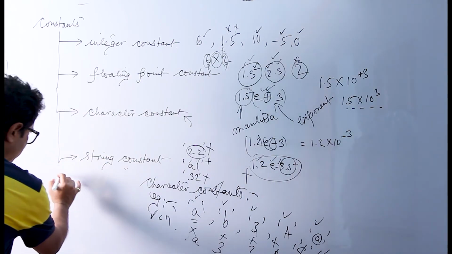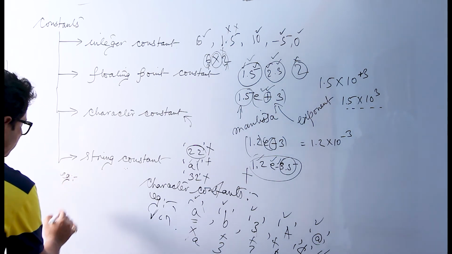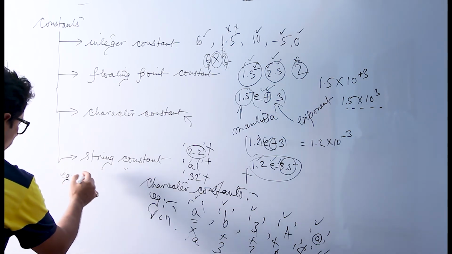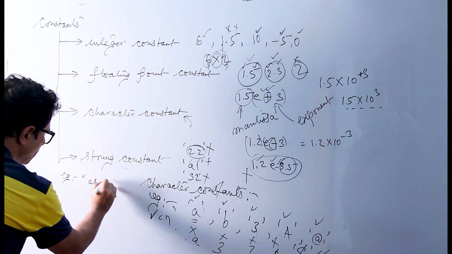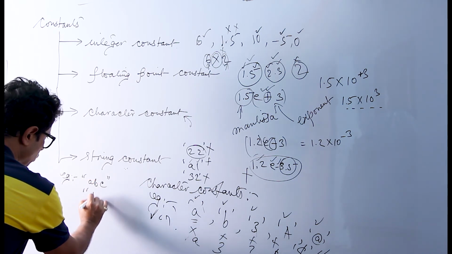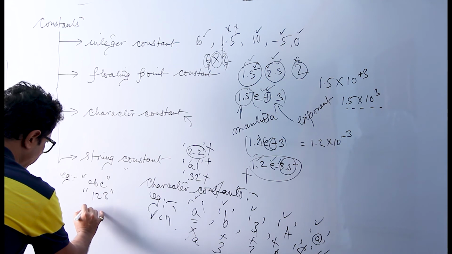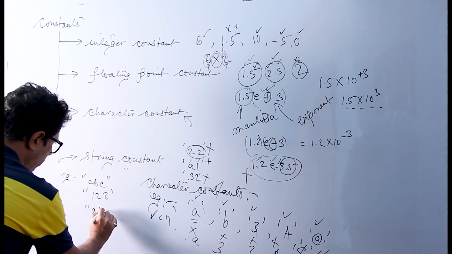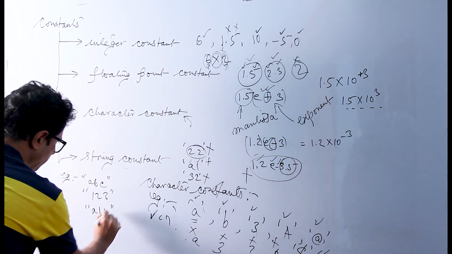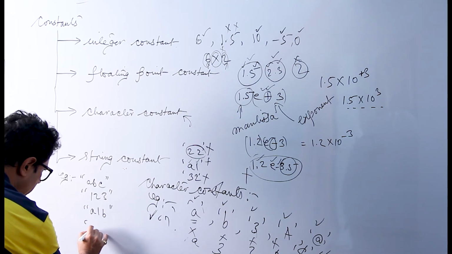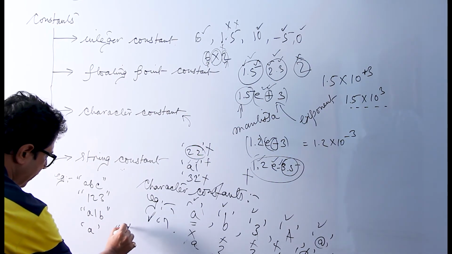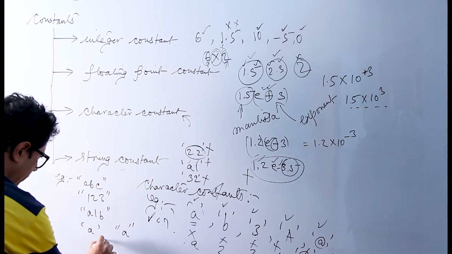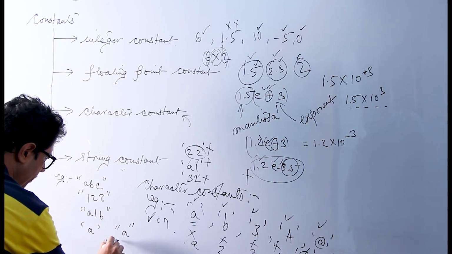We can write a few examples and see which are string constants and which are not string constants. Like this, we can write ABC. We can write 1, 2, 3. We can write A1, B. We can write single quote A. We can write double quote A. We can write double quote question mark.